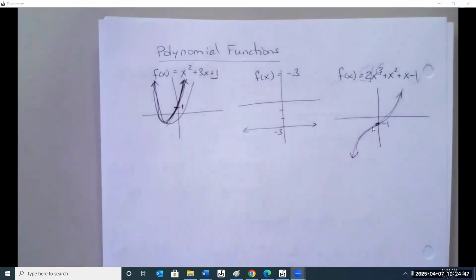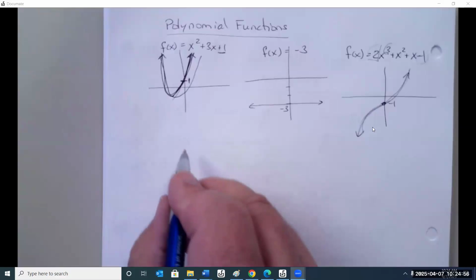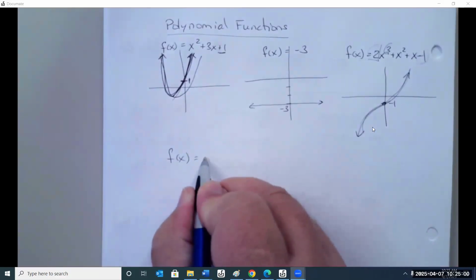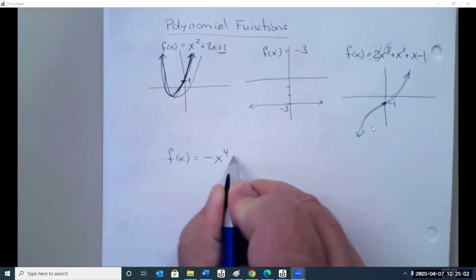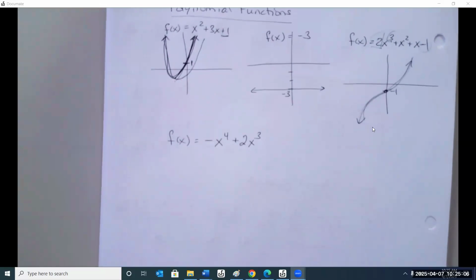We just don't know what the x-intercepts are. The x-intercept is what the big thing about this chapter is all about. What if we had this one? -x⁴ plus 2x³.